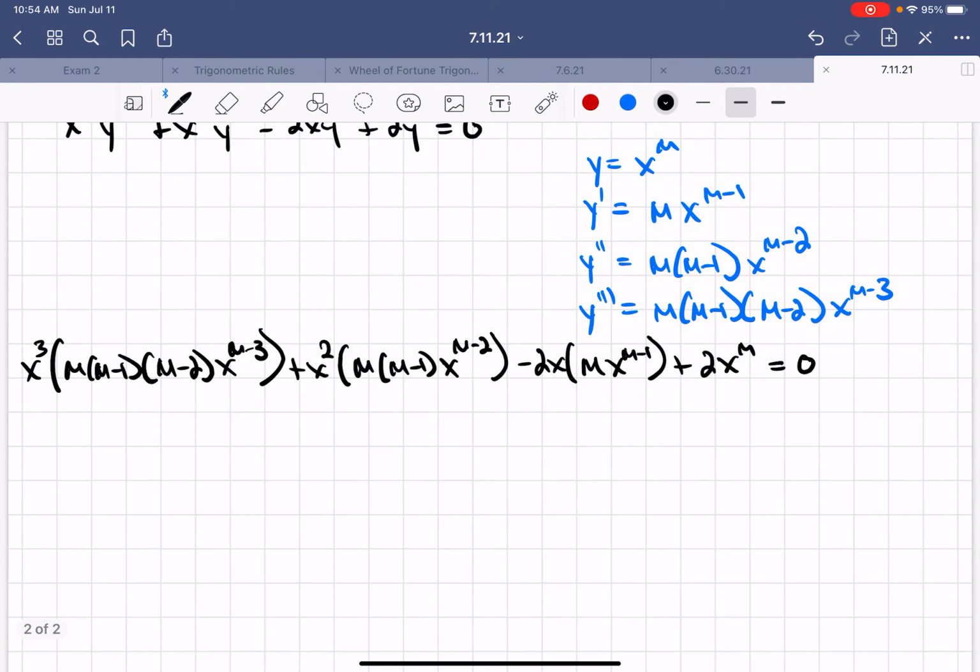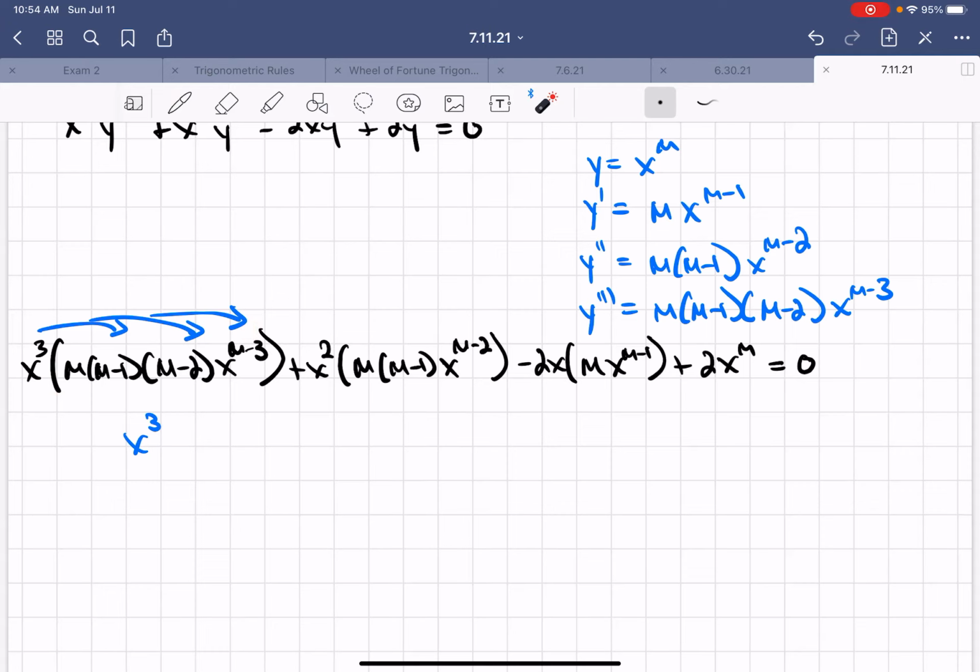Now from here, if you've had experience with something like this, you'll notice, and I'll put it in blue so it's easier to see, that if we multiply these through, what you'll get is x cubed, not for this or this, but for this right here.